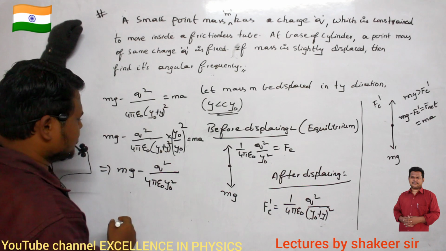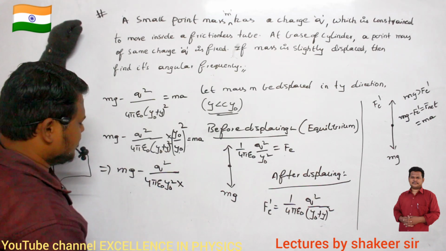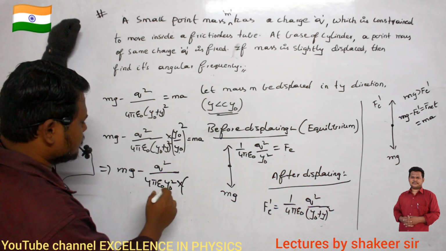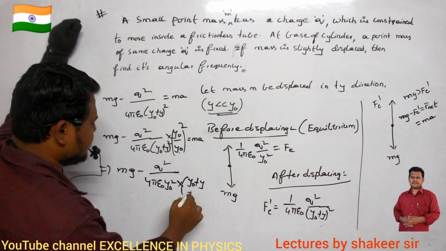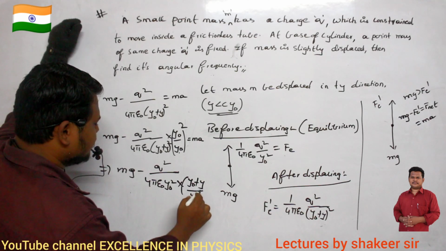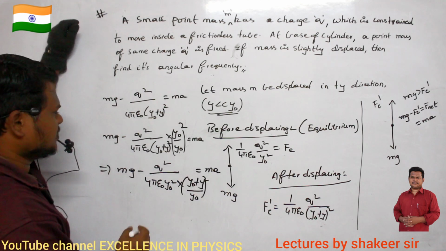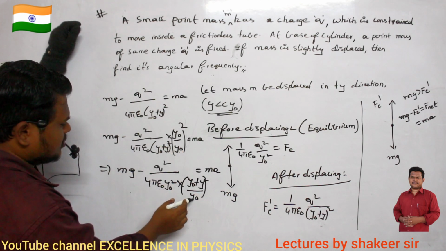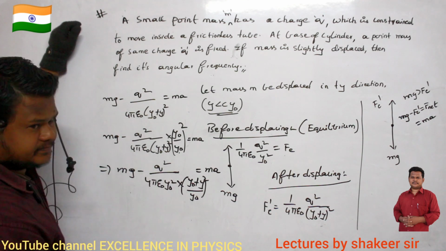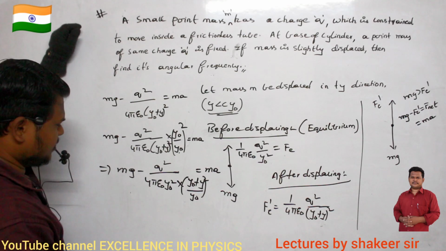This y naught square gets here, and this one I can multiply by (y naught plus y) divided by y naught, whole square, is equal to ma. I can write like this, no? So this is a numerator, and this goes to the denominator of the denominator; the denominator of the denominator definitely becomes the numerator only. Clear?